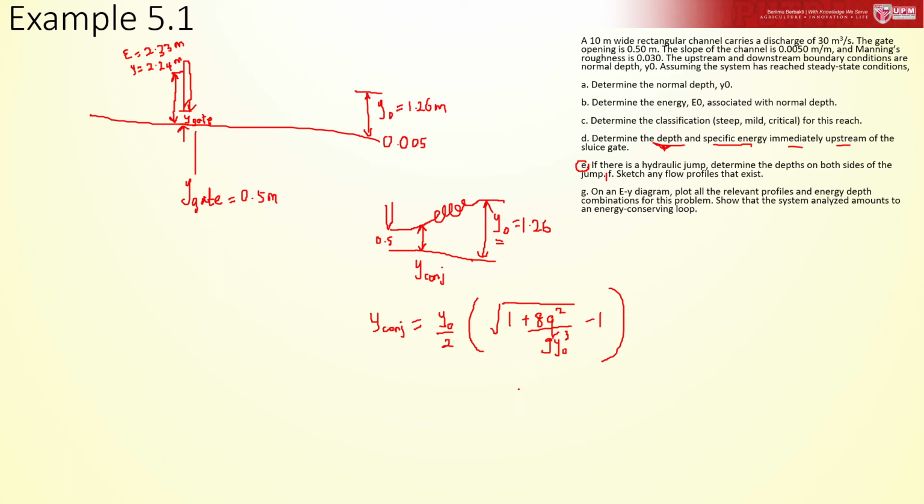So you put the values here. You know that q is 3, and you know that y naught is 1.26. You just put all the values in this formula and you'll find the conjugate depth as 0.73 meter. So where is y conjugate? It's here.